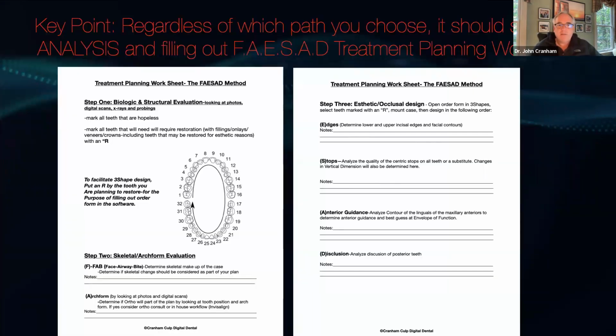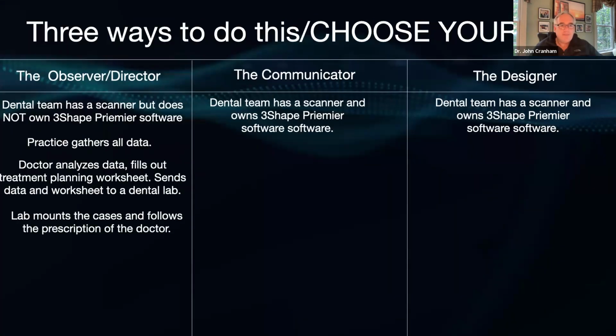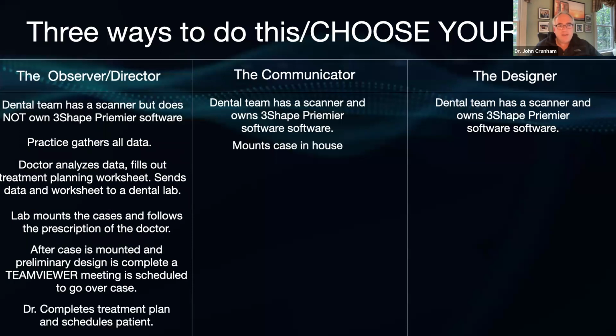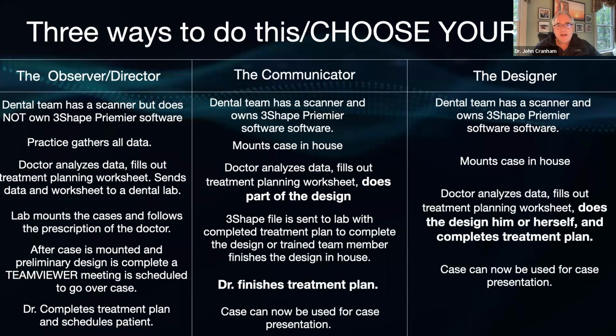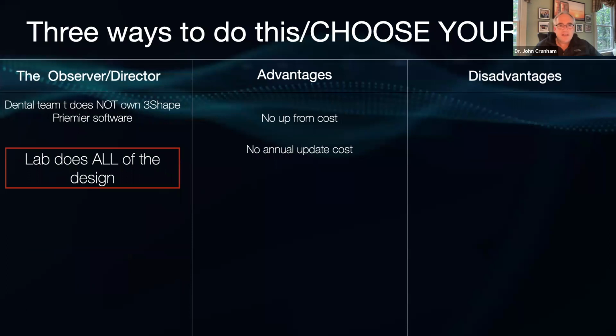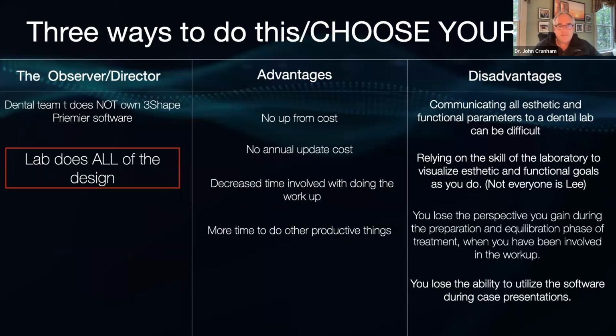Regardless of which path you use, we do use this Facead worksheet that helps doctors figure out where teeth go in space for aesthetic and functional purposes. We're going to run through a sample case here quickly, but I get asked all the time when you're looking at these different ways to do it, whether you're going to be the observer director, the communicator, or the designer, there is definitely advantages and disadvantages to all of them.